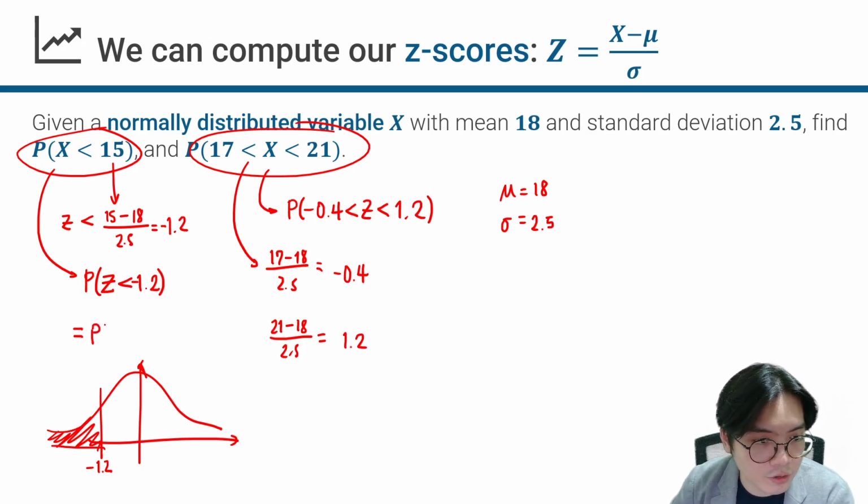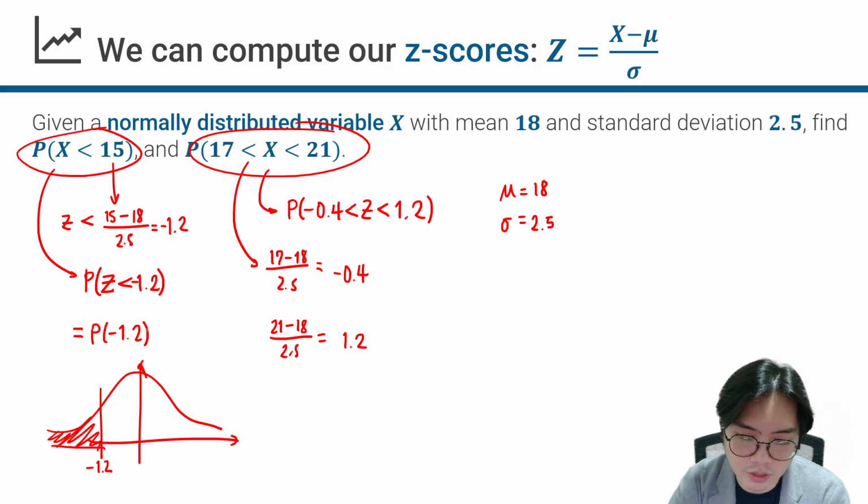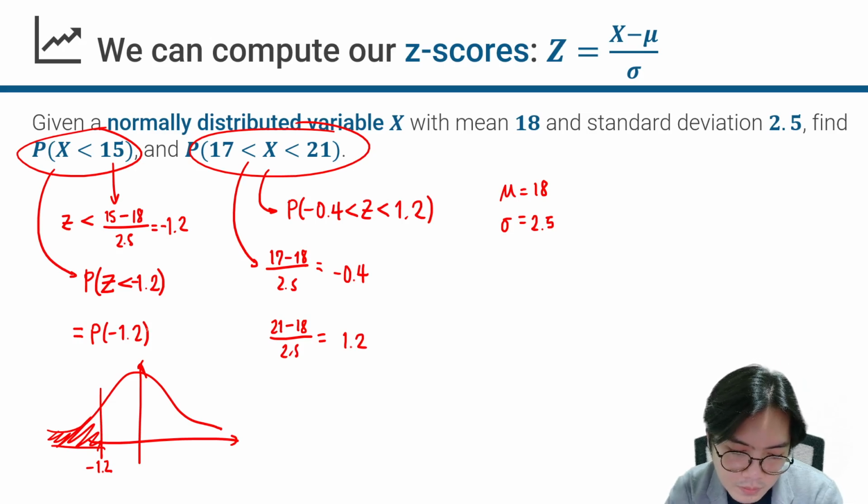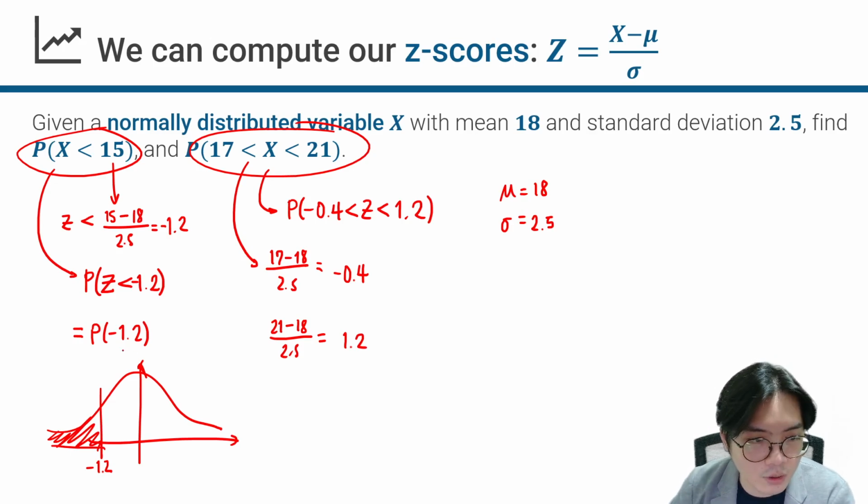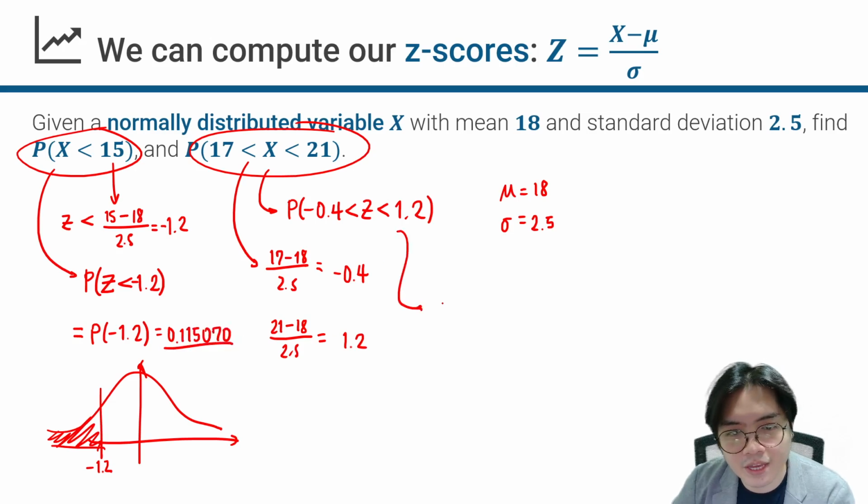P of negative 1.2, shift 1, 5, 1, negative 1.2. That gives us a value of 0.115070.